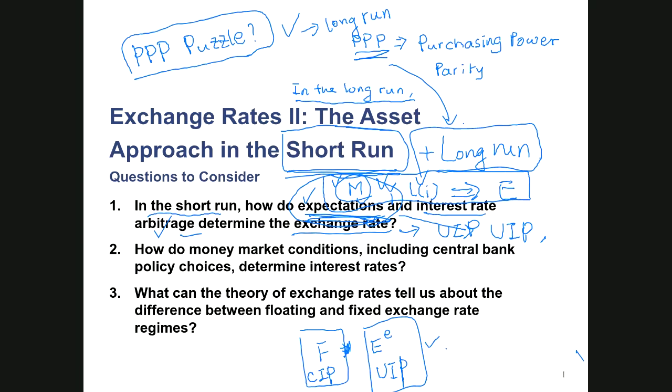So we will know what kind of central bank policy determines the interest rate. Here we are going to use the monetary market model to determine the interest rate. Now we know that the interest rate is important in the determination of the exchange rate between countries. We touched on this a little bit in chapter 14.